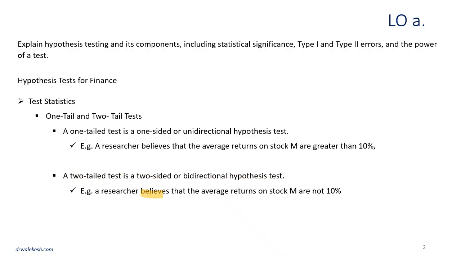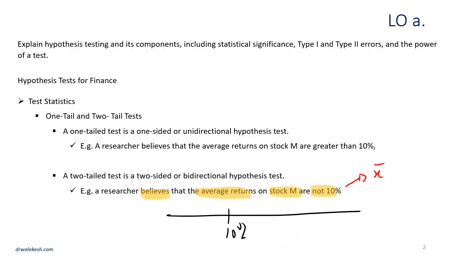So a researcher believes that the average returns on stock M is not 10%. So that we are all on the same page, let me draw the same diagram. This is 10%. So if it is not 10, that's X bar. So alternative is saying X bar is not equal to 10%.